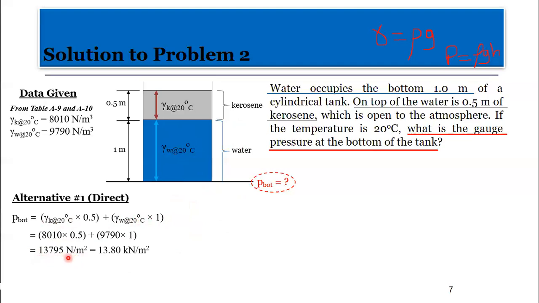13,795, the unit Newton per what? Cubic meter. Sorry, square meters. And the same thing as what? 13.80 kilonewtons per square meter. That's actually what? Pascal, kilopascal, okay? All right. So let's see here. In other words, this is what it means.